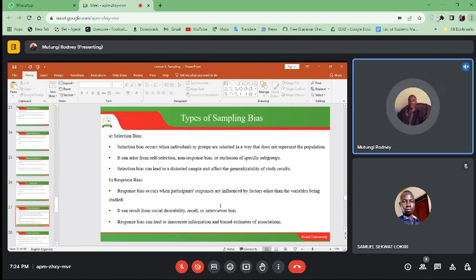And the types of this include selection bias, in which individuals or groups are selected in a way that does not represent the population. And it can arise from self-selection. In this case, these respondents or the participants in your study select themselves, okay?